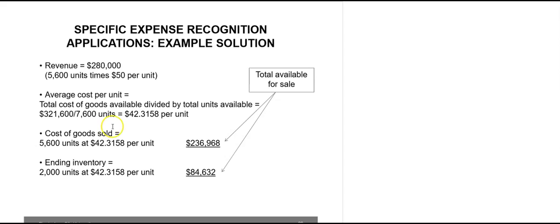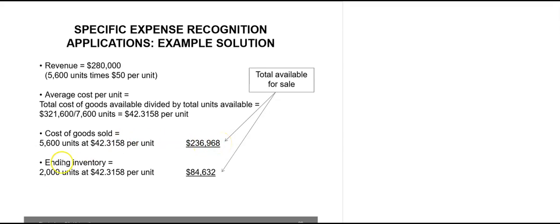$42.3158 per unit. During the year, we sold 5600 units, so the cost of sales will be equal to 5600 units at $42.3158 per unit. That gives us the total cost of sales of $236,968.